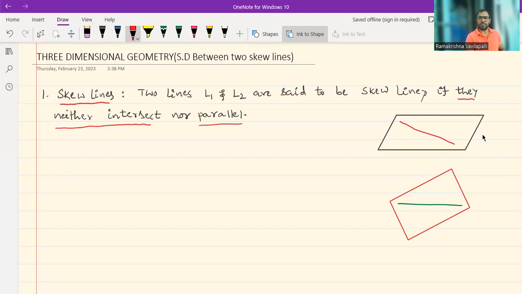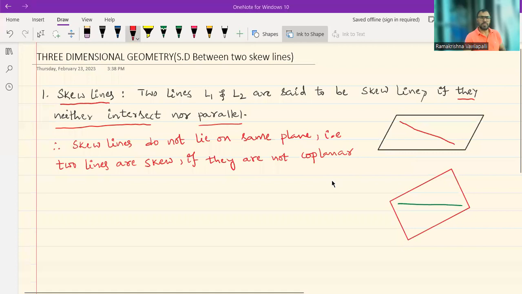Now how do we measure the shortest distance between skew lines? Skew lines do not lie on the same plane. That is, two lines are skew if they are not coplanar.